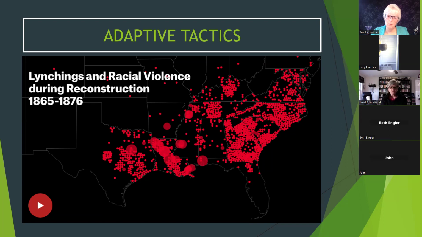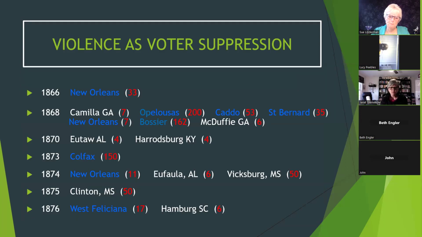And we have looked at this list before, and these lynchings were carried out for a range of reasons. But today we focus on a number of these that were specifically designed to terrorize prospective Black voters.